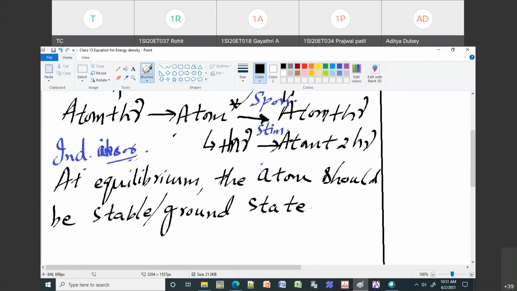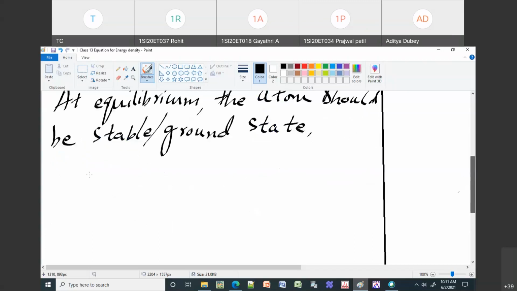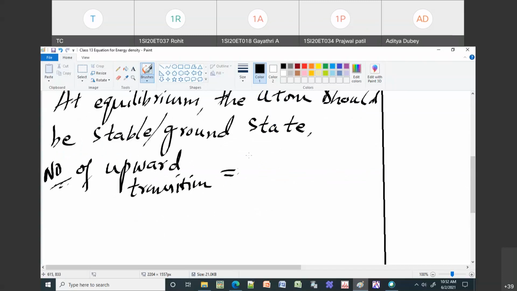So for this, the condition is the number of upward transitions should be equal to the number of downward transitions. Only then can you expect the atom to be in ground state.